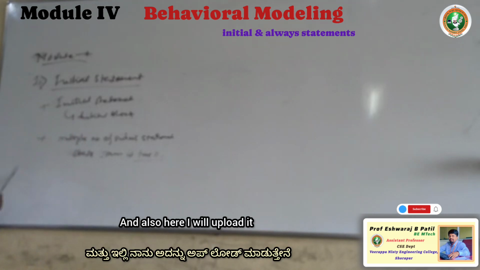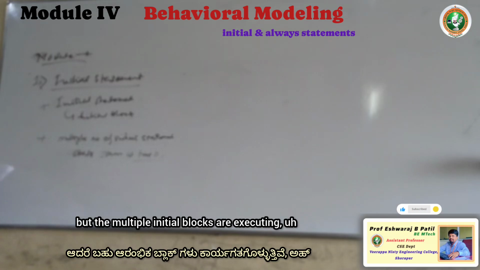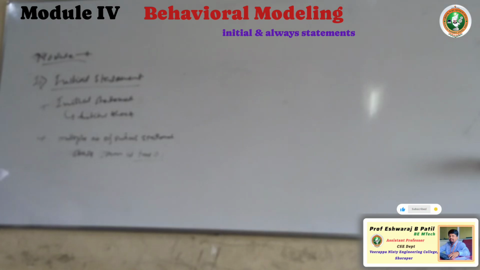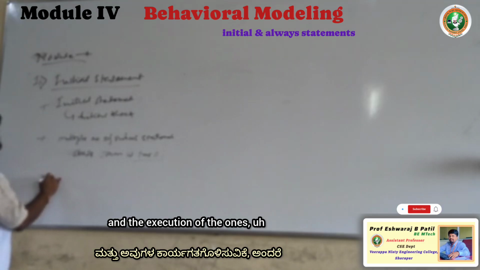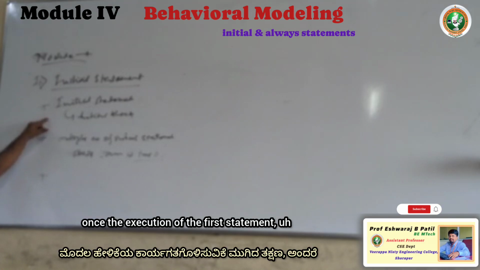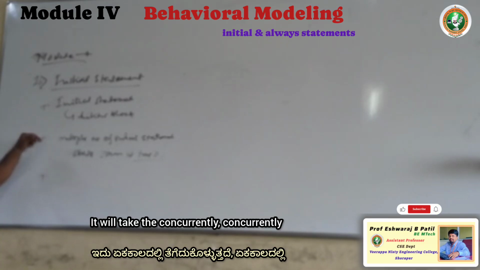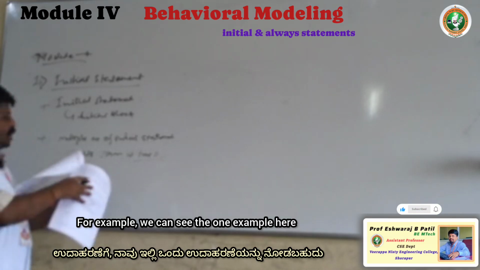And also another point: multiple initial blocks, each block starts concurrently. The first initial statement, another statement, and the third statement are taken concurrently. For example, we consider one example here.